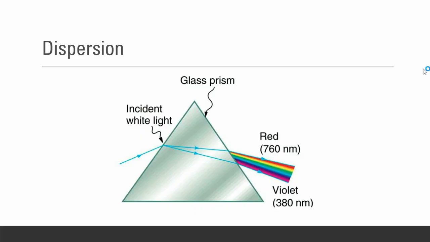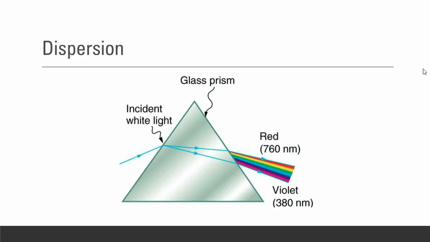The white light is actually made out of all of these different colors, and because the index of refraction of the glass is different than the air, the speed of light for the different colors will actually change inside of the prism.